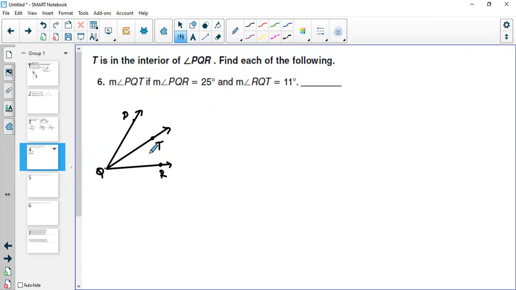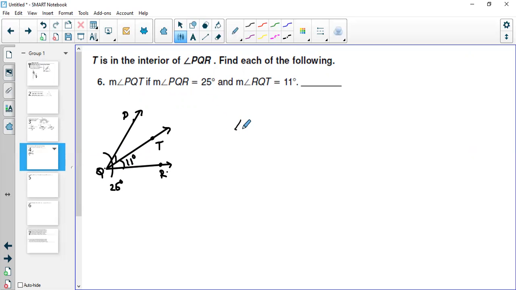If PQR, that's the bigger angle, is 25 and RQT is 11. This is 11 degrees. Now the whole angle is 25 degrees and the small angle is 11. So how do you find the other small angle? It's easy, right?